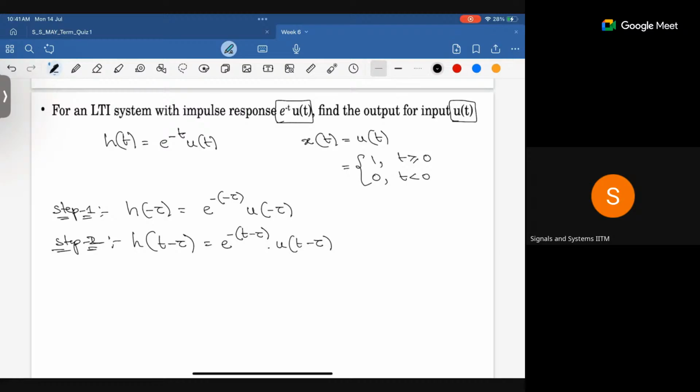So this is h of t minus tau. Then we also have x tau, which is 1 when tau is greater than or equal to 0 and 0 when tau is less than 0.